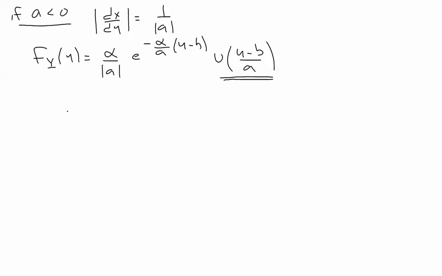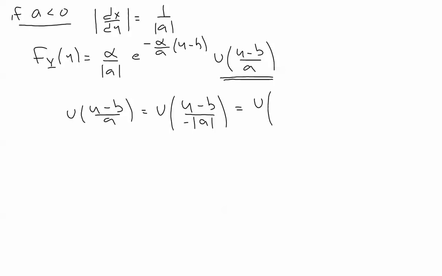So u of y minus b over a can be written as u of y minus b over negative absolute value of a in this case. And that can be written as u of b minus y over absolute value of a. And now we're dividing by a positive constant, which simply doesn't matter. And this can be simplified as u of b minus y.